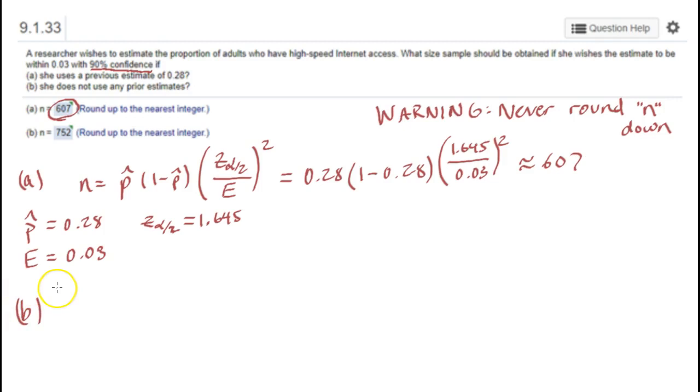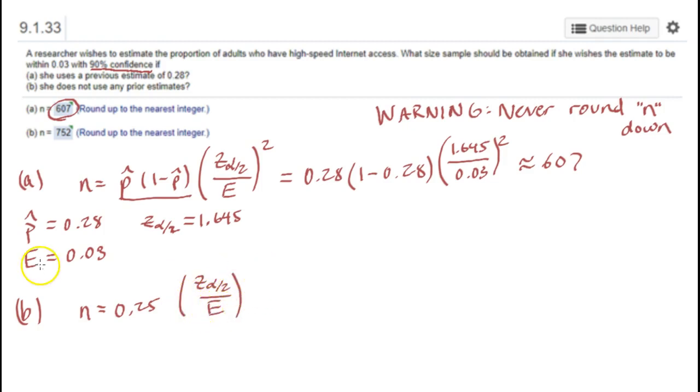Then part B, we'll be using that other equation because there is not a prior estimate. If you don't have a prior estimate, you use the equation N equals 0.25. So 0.25 replaces this P, 1 minus P. And then you just have Z alpha over 2 over margin of error.